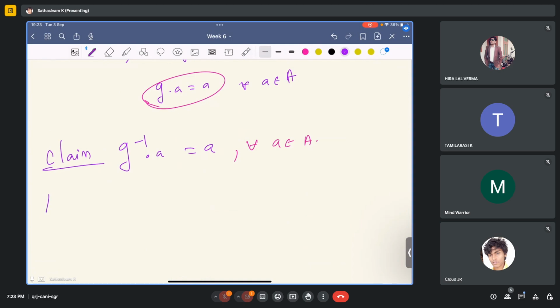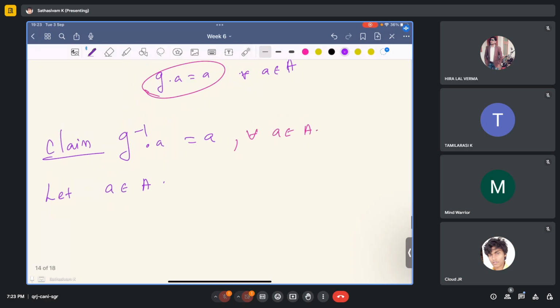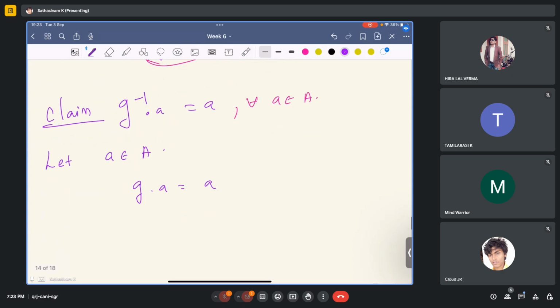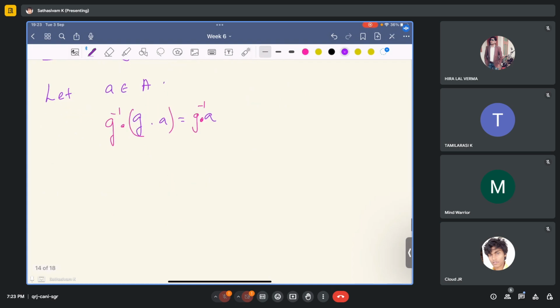So let's start with A in A. What we know is that G dot A equal to A, right? Now what you do is take this equation and apply G inverse on both sides. Now you use the property of the group action. This becomes G inverse G times A. This is G inverse dot A. And what is this one?